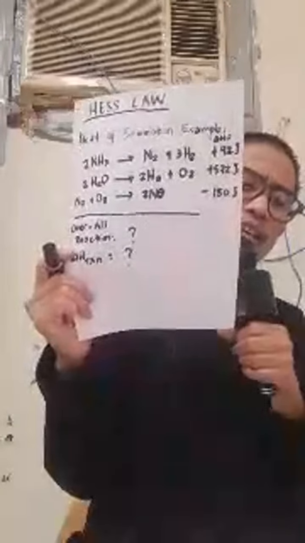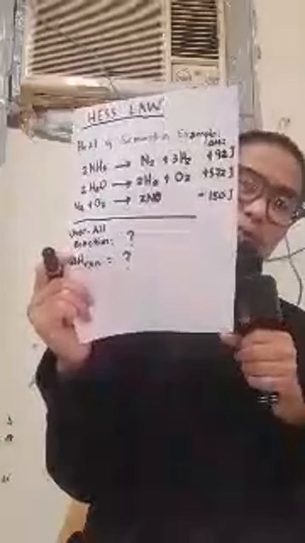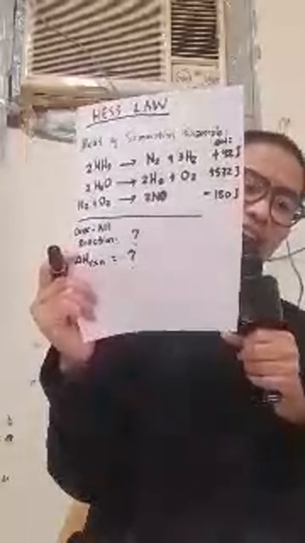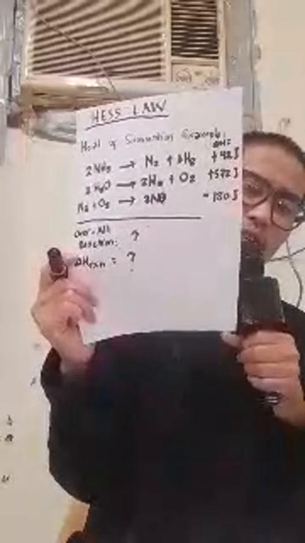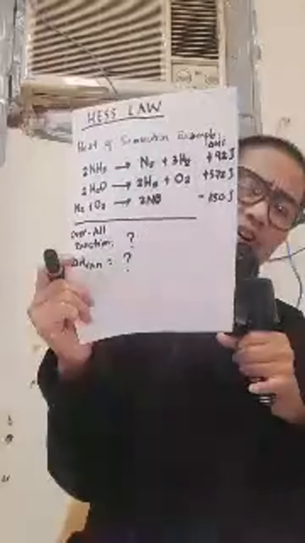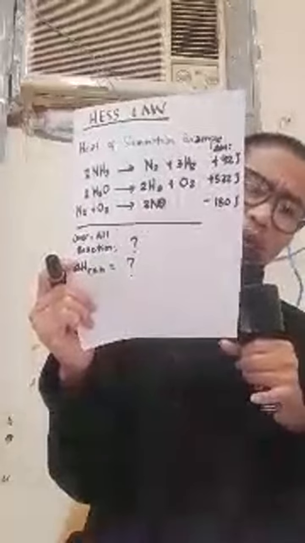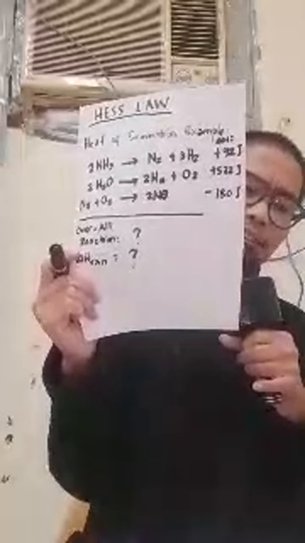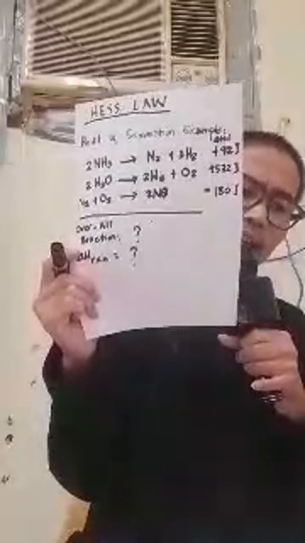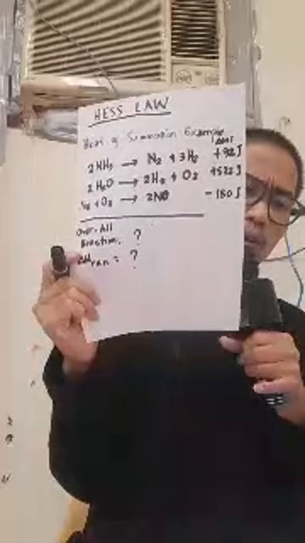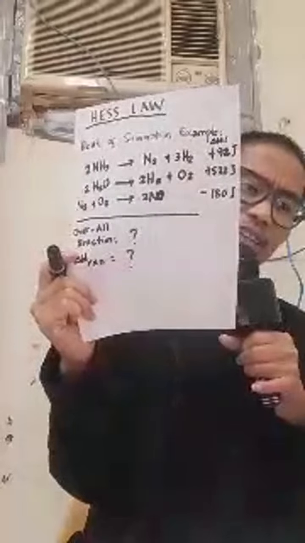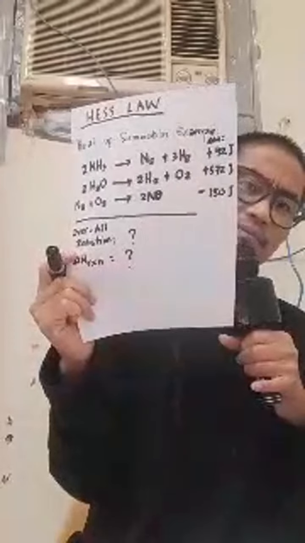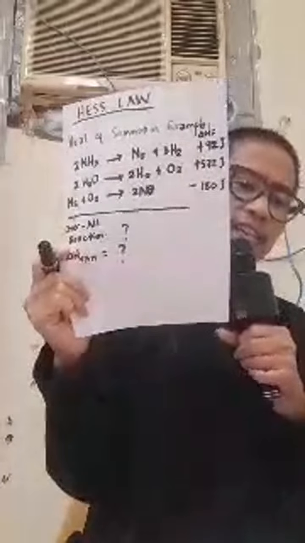For example, in second reaction, there is only 2 moles of hydrogen gas. And in the first chemical reaction, we have 3 moles of hydrogen gas. So that's one identification that you have to reverse the second chemical reaction. And the second rule also is that it is always the second chemical reaction to be reversed. Something like that, okay? You get the point?